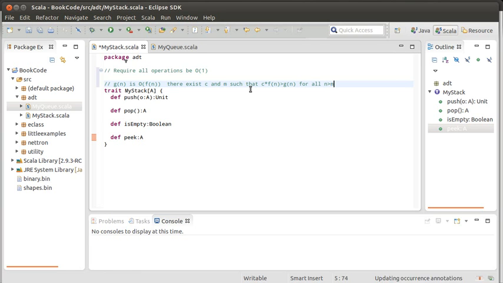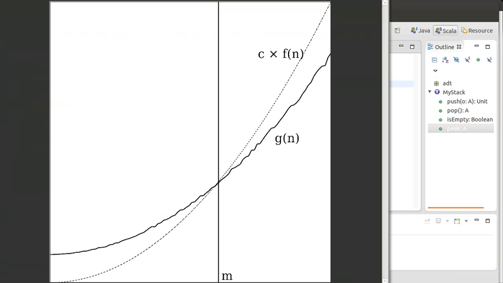Now, that might be challenging for you to think of. It's probably best to view this as a plot, and this is a plot that's taken from the textbook.